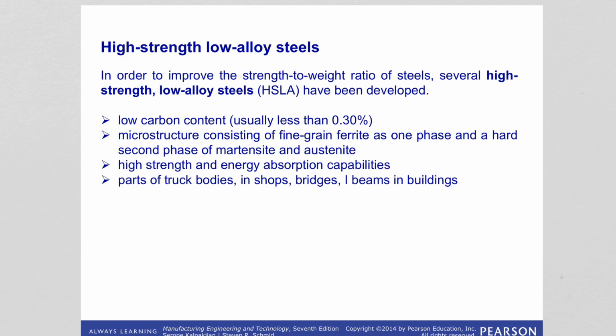So the microstructure is going to be fine grained ferrite as one phase, and a hard second phase, which is martensite and austenite. So they have high strength and energy absorption capabilities, but their ductility, formability, and weldability are inferior to those of conventional low alloy steels.